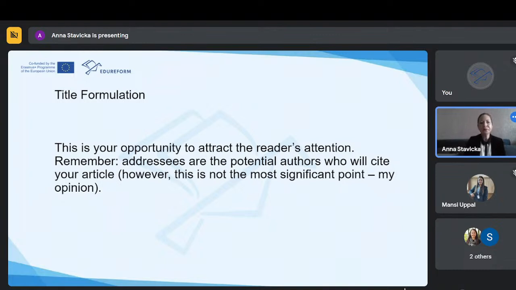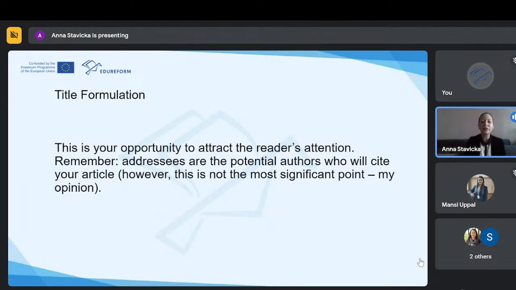But actually, it is very important to start with it as soon as possible because it will provide you with the framework of your provisional work.